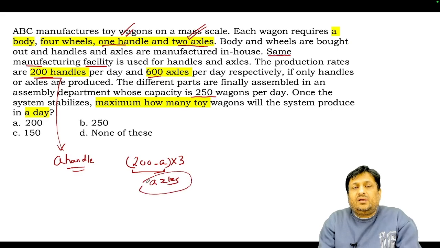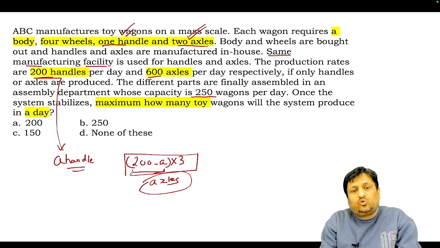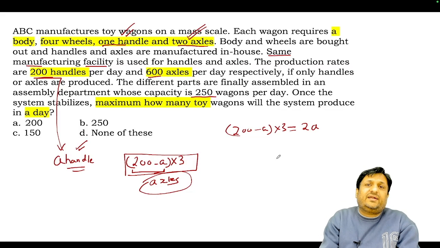Okay. Now, for every handle, I need 2 axles. So I want the axles to be twice the handles, isn't it? So 200 minus A, multiplied by 3, the number of axles I am producing in a day, should be twice the number of handles I have produced in that day.